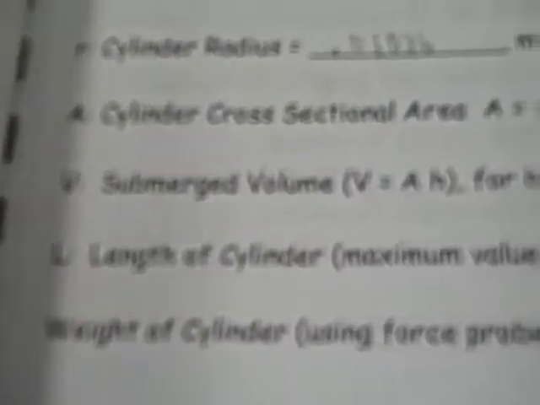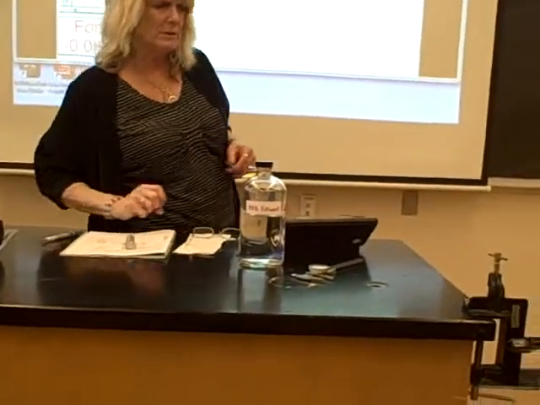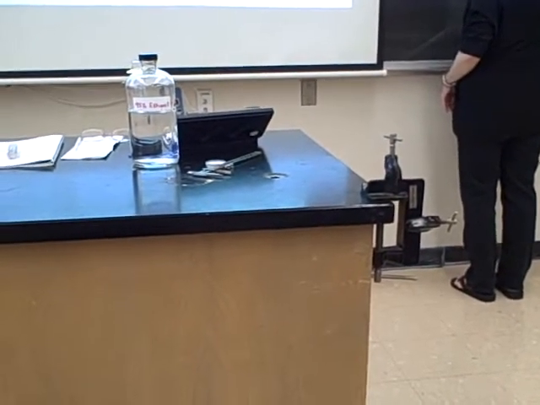Okay, now, have you heard this term before, the cross-sectional area, or the area of cross-section? It just means the area of the circle, the area of the circular footprint of it, okay? So what's the area of a circle? Pi r squared. So the area is pi r squared.